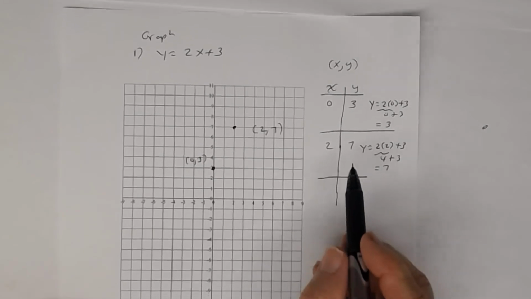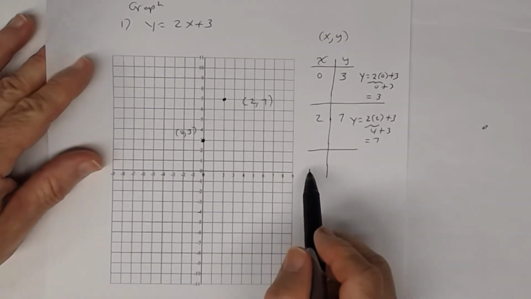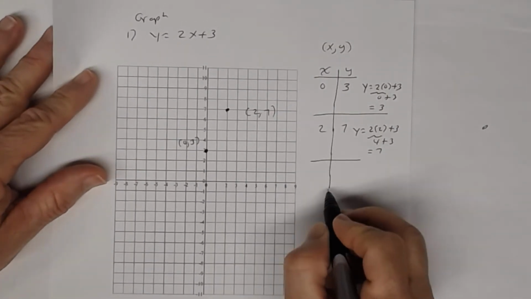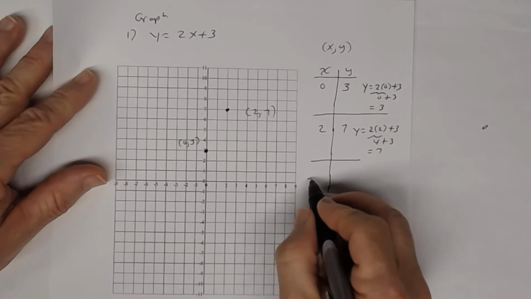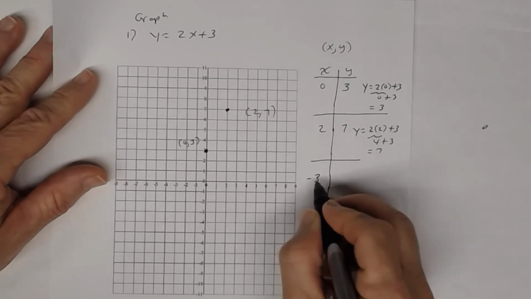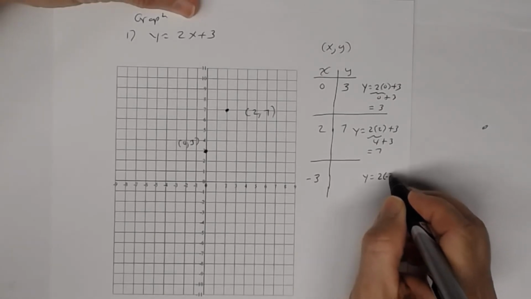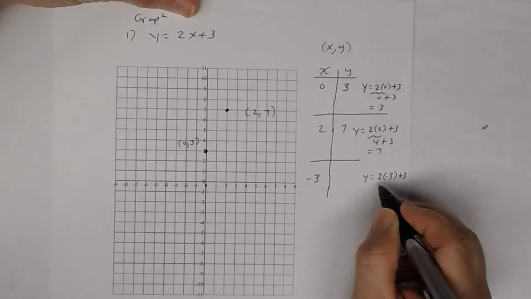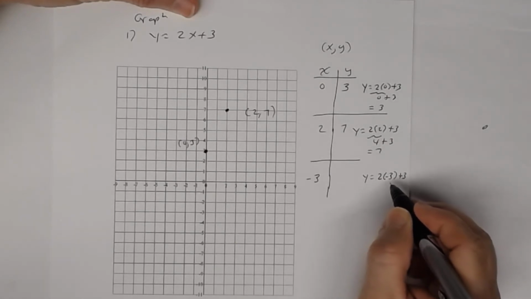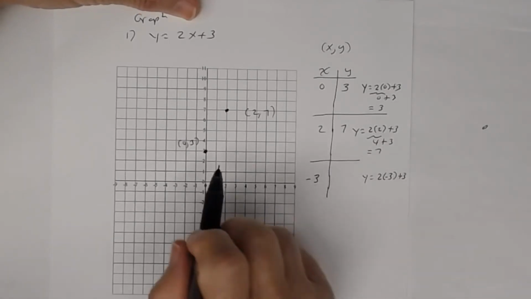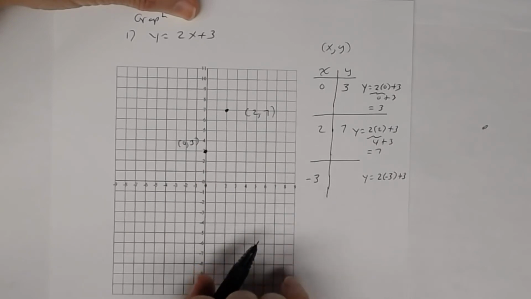Now I'm going to use a negative number just to show you what to do. Let's say x is negative 3. I get y equals 2 times negative 3 plus 3. Where we saw the variable x, you substitute negative 3.